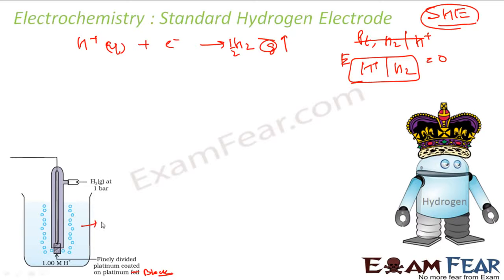This is the acidic solution. And this, please note, is 1 molar H plus, maybe HCl or any acidic solution, right? And we bubble pure hydrogen gas. See, pure hydrogen gas is bubbled through it in this direction. Right? It comes in this direction like this.